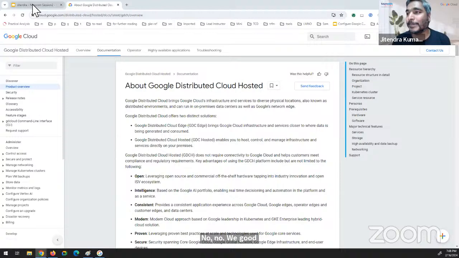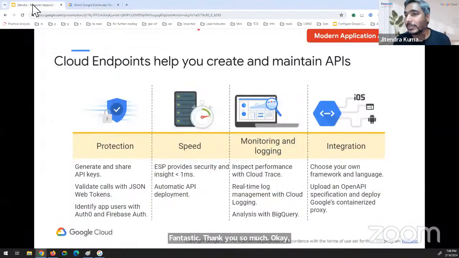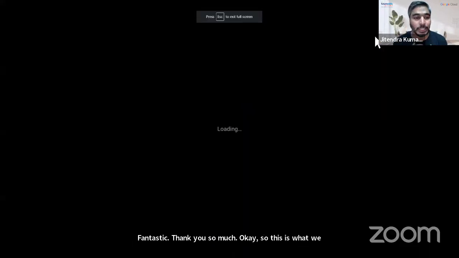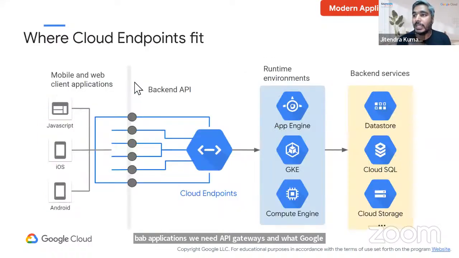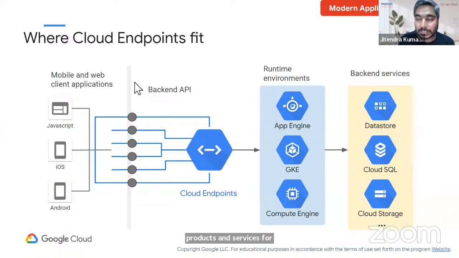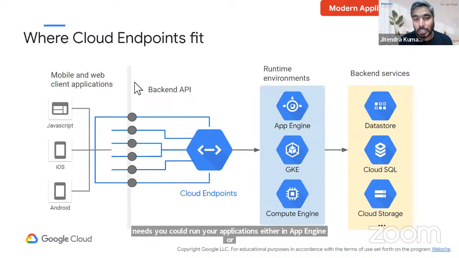Fantastic. Thank you so much. Okay, so this is what we were talking about until now, that for our modern web applications, we need API gateways. And what Google gives us is two solutions: Cloud Endpoints is one. Cloud Endpoints lets your backend services running in any of these Google products and services, for example, for your compute needs, you could run your applications either in App Engine or in GKE or in GCE, which is Google Compute Engine.